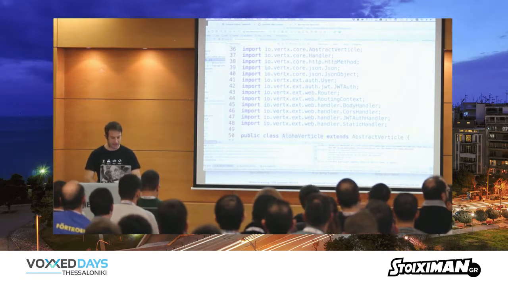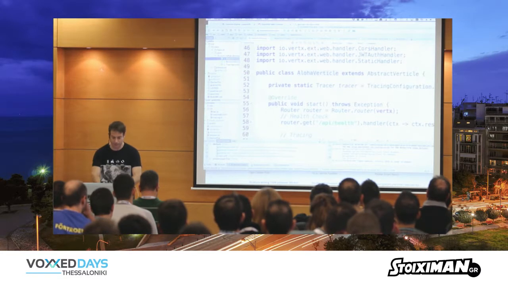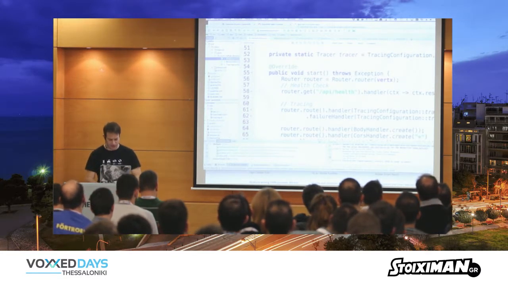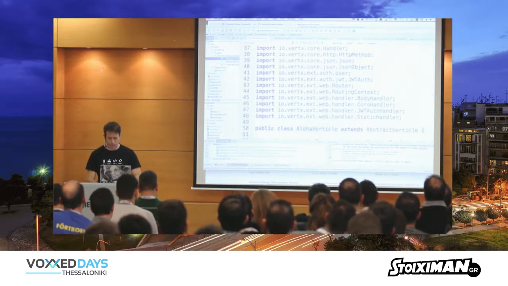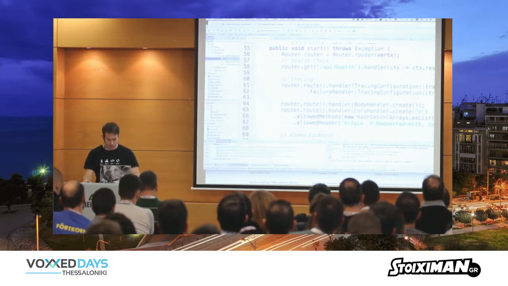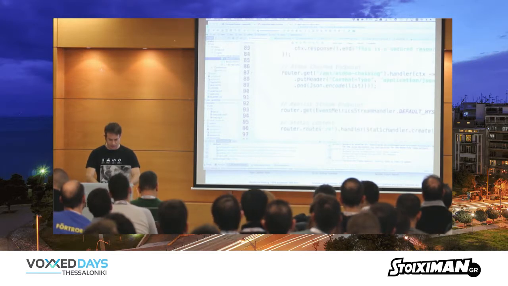So what we're seeing here doesn't really matter so much. This is the Aloha service. It's in Java. I think that's Wildfly Swarm, no, Vert.x. It doesn't really matter so much. So let me find the right point.